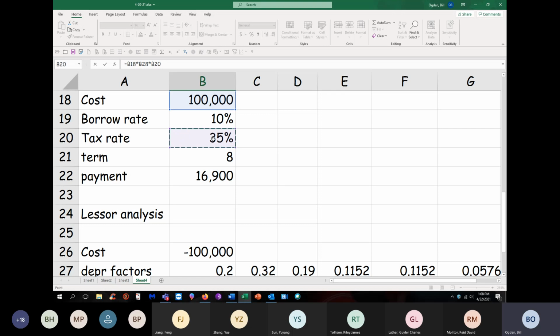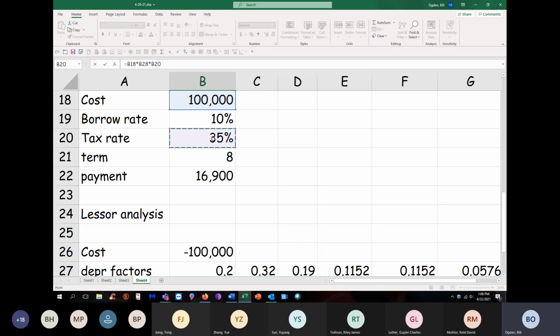So what do you think happens if you're working with a nonprofit? What's the opportunity cost of not having the tax shields? In other words, if a nonprofit leases an asset, then what happens?